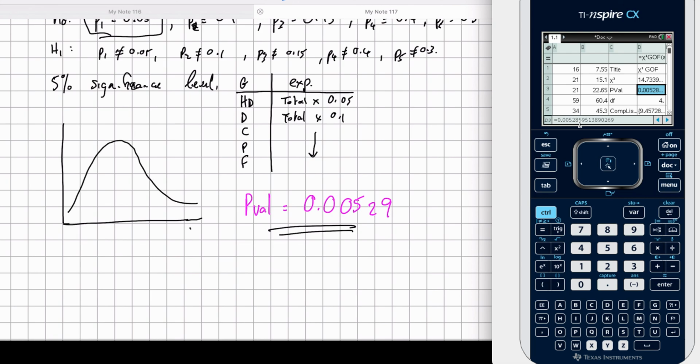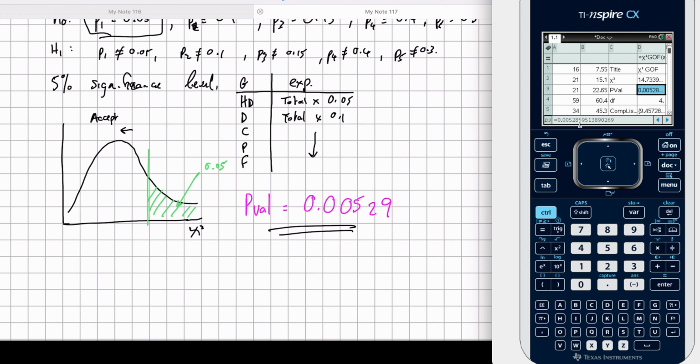Here we have chi-squared, and we put in our significance level. So here is the critical line. The significance level we need is 0.05. If we get to the left, we're in accept territory. To the right, we're in reject.